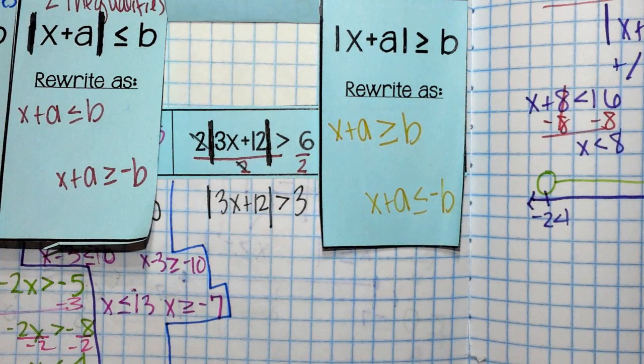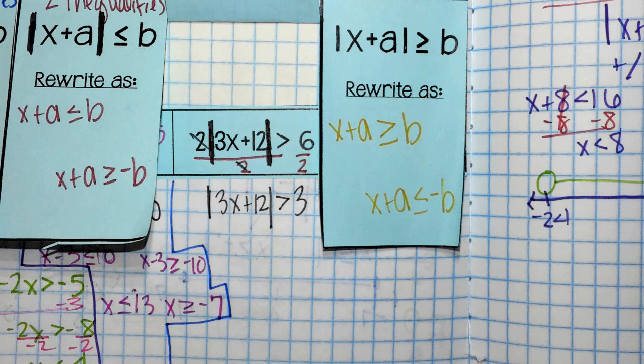Alright, Damien, tell me what to do from here. Bring down 12. Just 12? Wait, you're missing a step. Before we subtract it, what do we do?